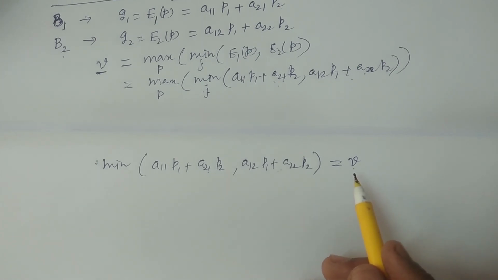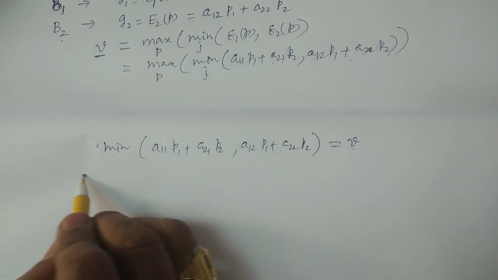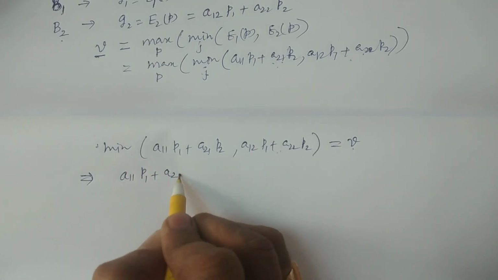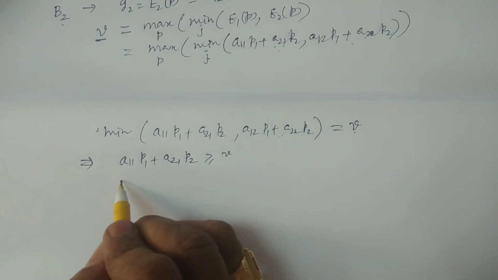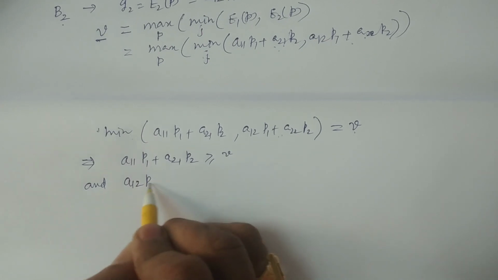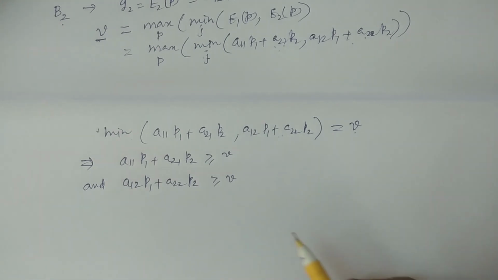If one such minimum value is the value of the game mu, then obviously both values will be greater than or equal to it. That is my argument. Therefore from this statement we can write A11 P1 plus A21 P2 is greater than or equal to mu, and A12 P1 plus A22 P2, both values are greater than or equal to mu.